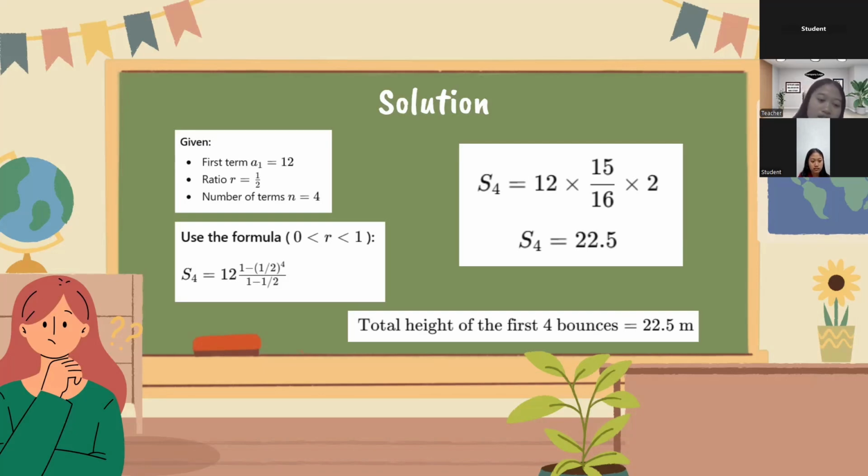S sub 4 is equal to 12 times (1 minus (1 divided by 2) to the power 4) divided by (1 minus 1 divided by 2). Then S sub 4 is equal to 12 times 15 divided by 16 times 2. S sub 4 is equal to 22.5. And the total height of the first 4 bounces is equal to 22.5 meters.